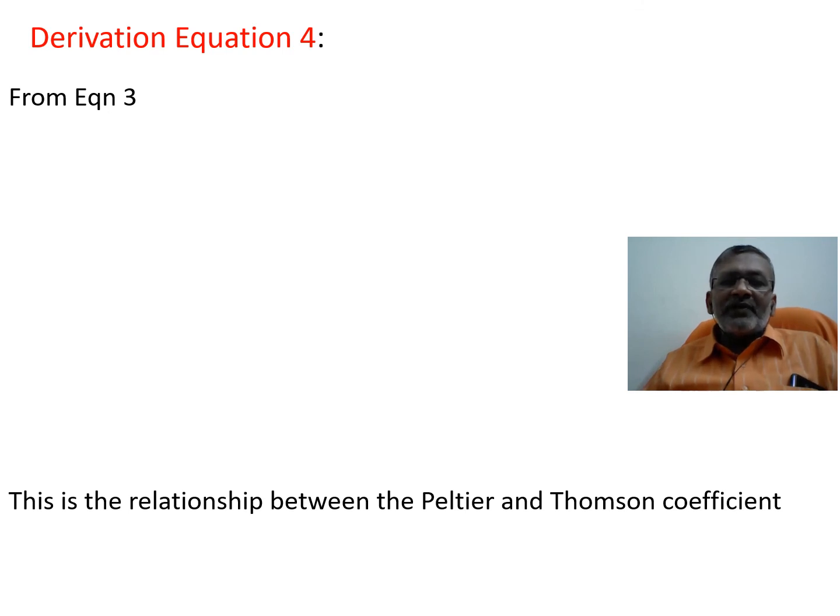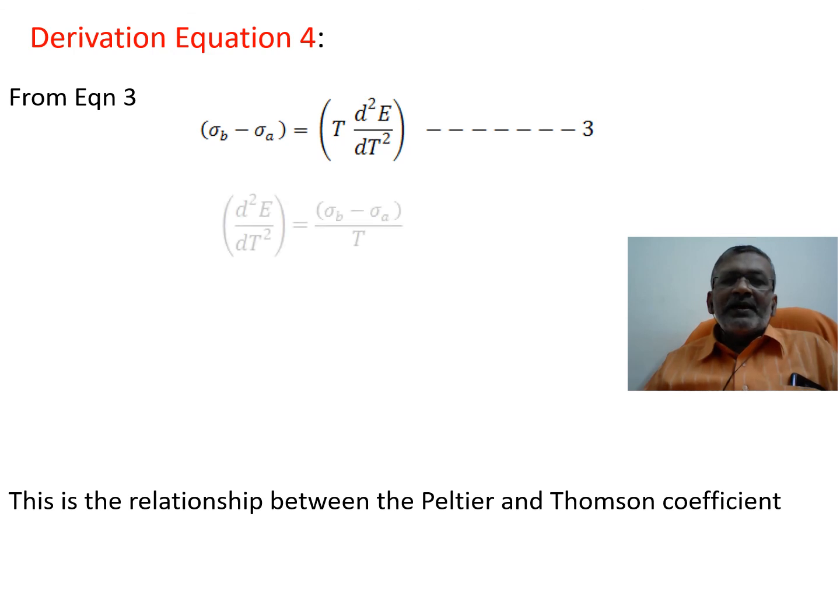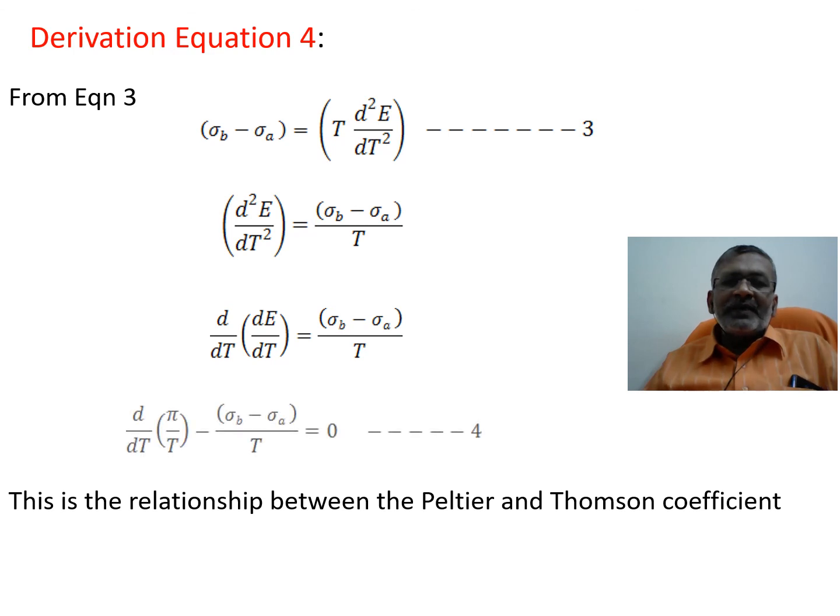Now we want to derive the fourth equation. For the third equation, we know σb − σa is T d²E/dT², and therefore d²E/dT² is (σb − σa)/T. Since d²E/dT² can be written as d/dT of dE/dT, dE/dT is given by π/T, so d/dT (π/T) − (σb − σa)/T is equal to 0.